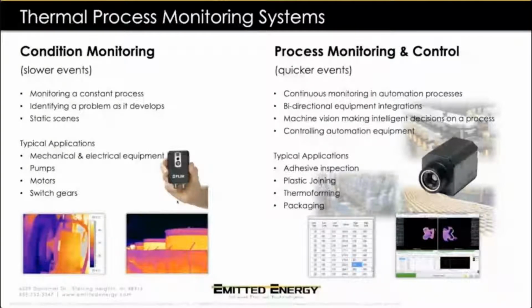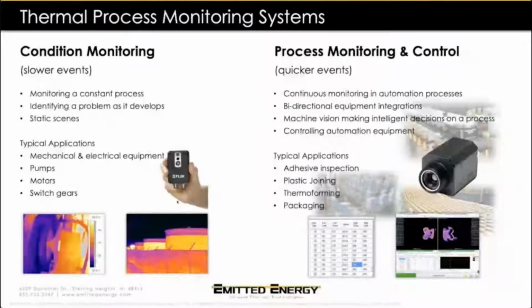On the other side, process monitoring and control systems are quicker events. These are events that require fast cameras, high-speed cameras, continuously monitoring automated processes in an inline fashion.